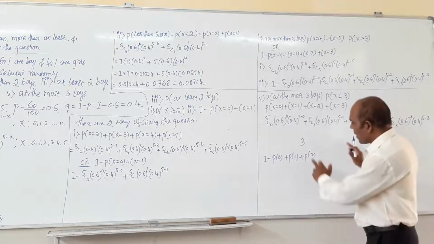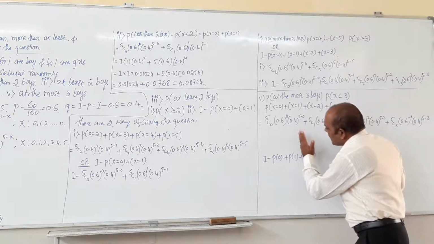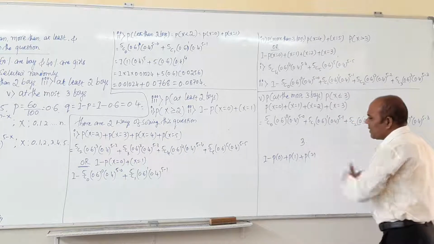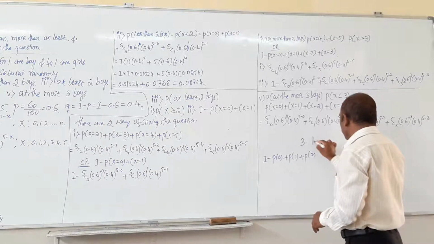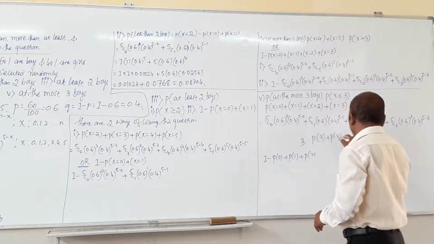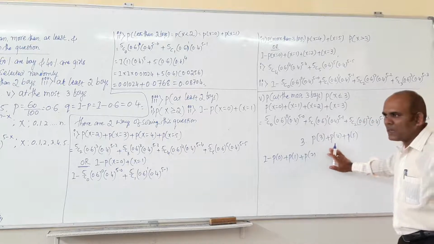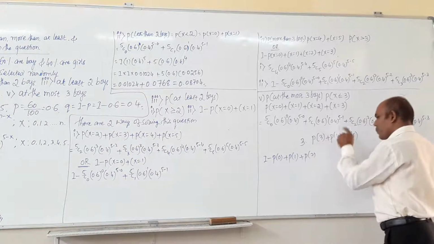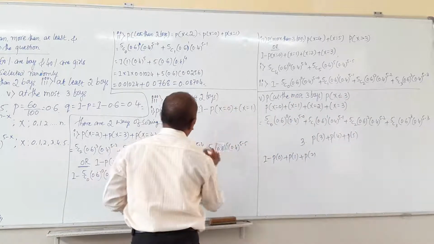It means when they ask at least 3, the less than 3 x values will be subtracted from 1. Or, if you want to continue directly, at least 3 is nothing but 3, 4, 5. This is the normal term we calculated. At least 3 is nothing but 3 plus 4 plus 5. In the same manner we calculated here also.